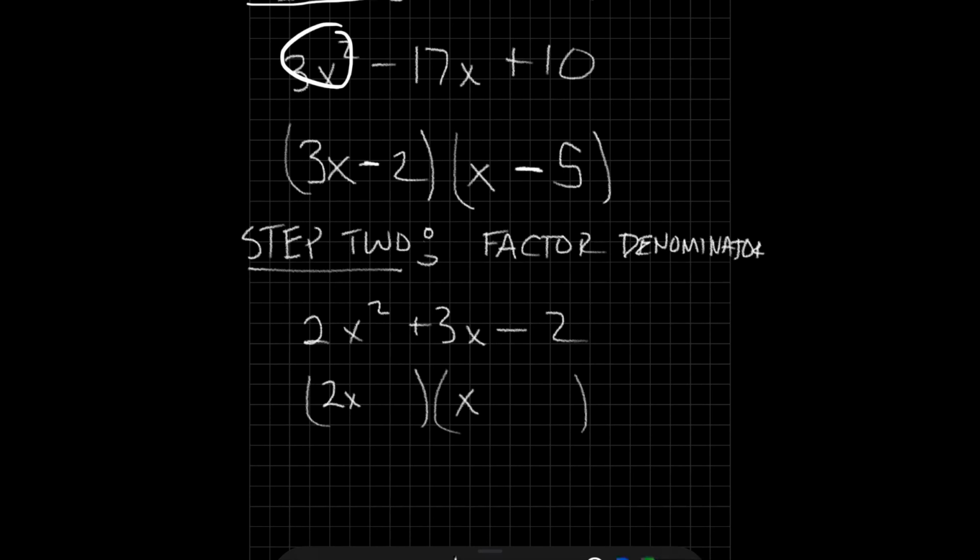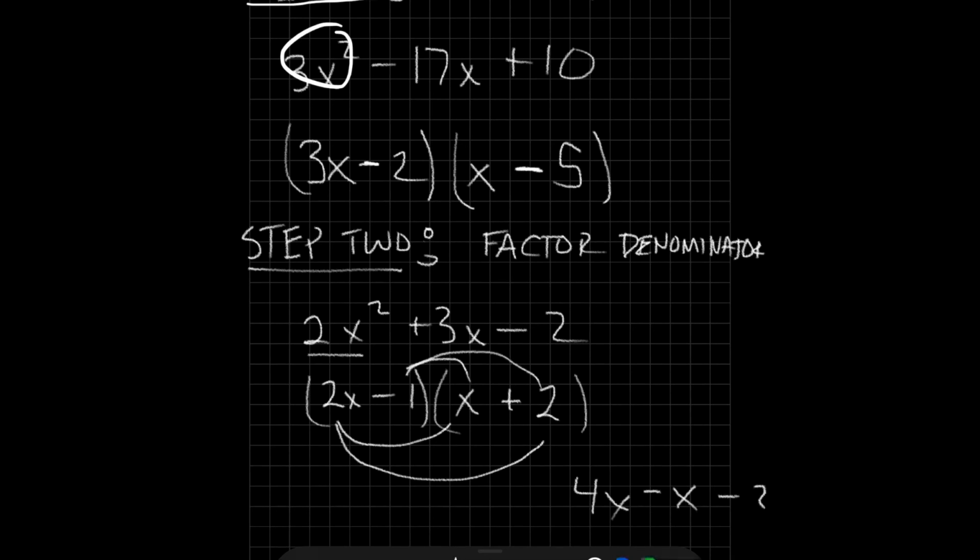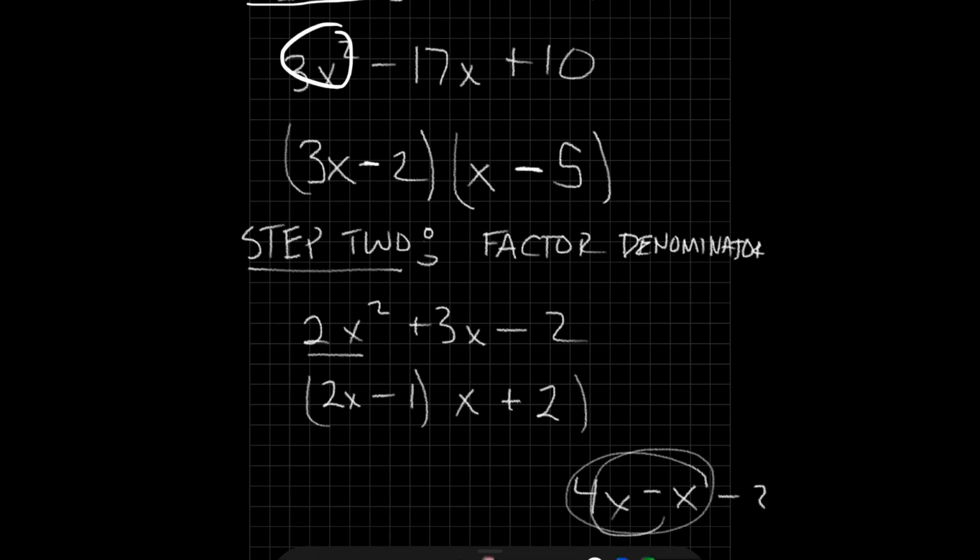And so again, I know that I'm going to have plus 2, minus 1. Let's try that out. So 2x times x gives me 2x squared. 2x times 2 gives me 4x. Negative 1 times x gives me minus x. And then that gives me minus 2. So my 4x minus x gives me positive 3x, and we're good to go.